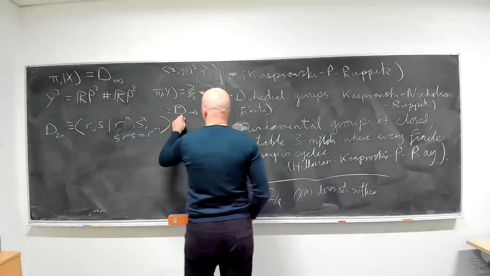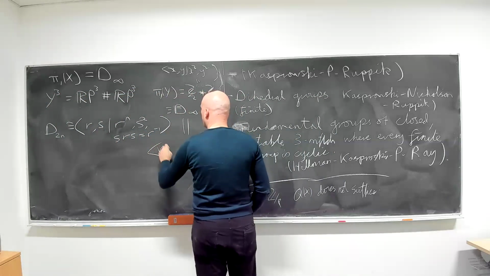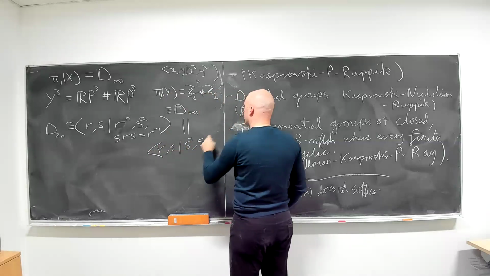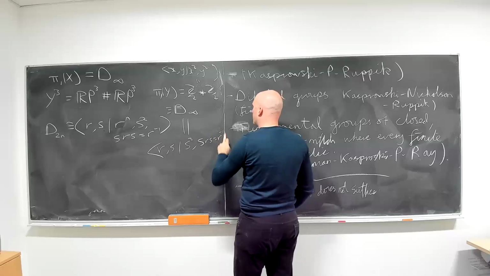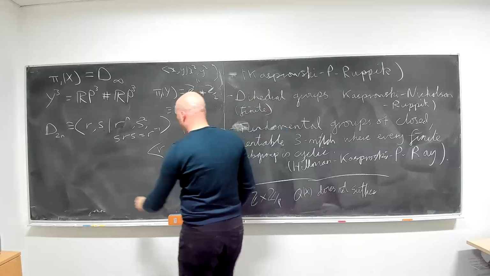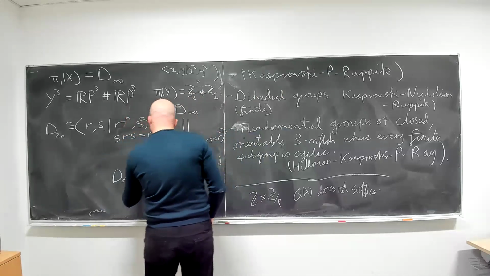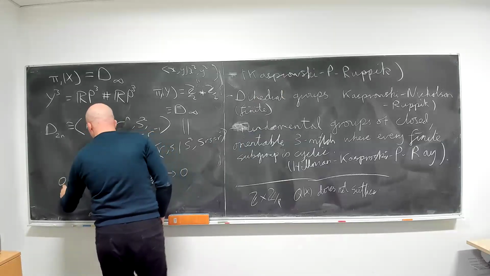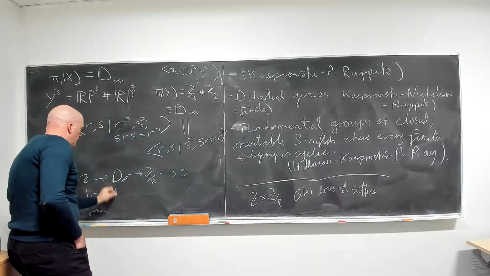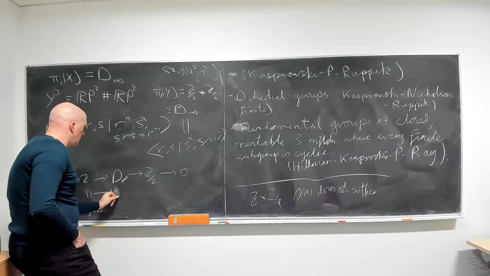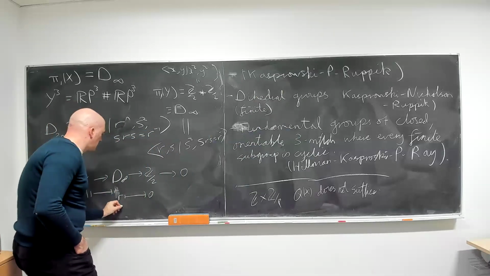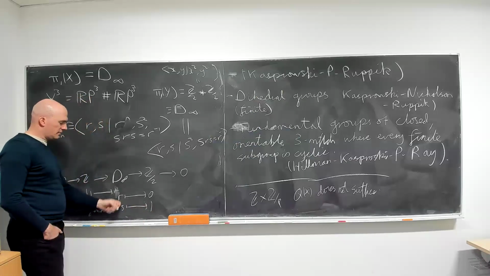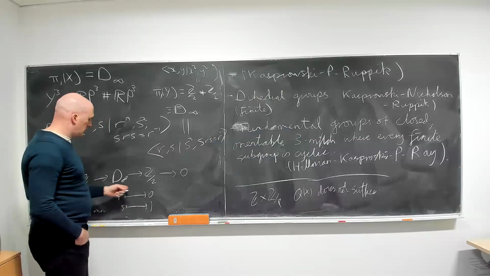So this is generated by r and s, where s squared is trivial and srs equals r inverse. And it fits into a short exact sequence like this, where this is generated by the r, and this is the reflection.